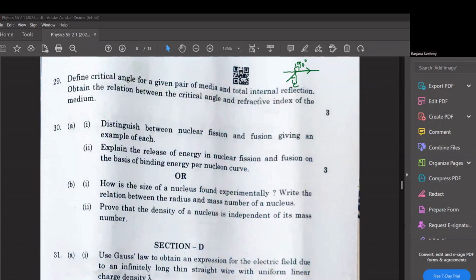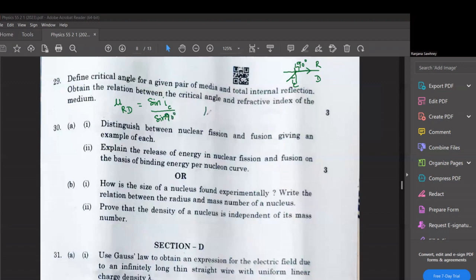Now obtain the relation between critical angle and the refractive index of the medium. So when it is passing, this is the denser medium, this is the rarer medium. So the refractive index of second medium with respect to first, that is rarer medium with respect to denser medium, will be equal to sine IC upon sine R. Angle of refraction in the rarer medium is 90 degrees, so you can write sine 90.